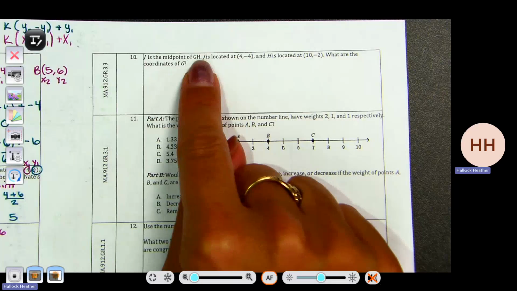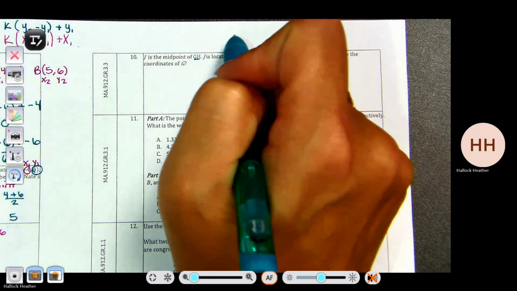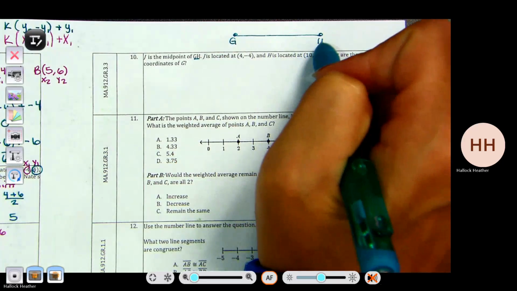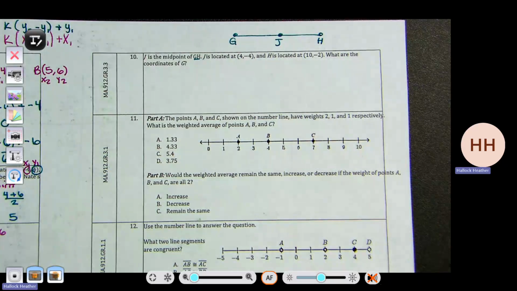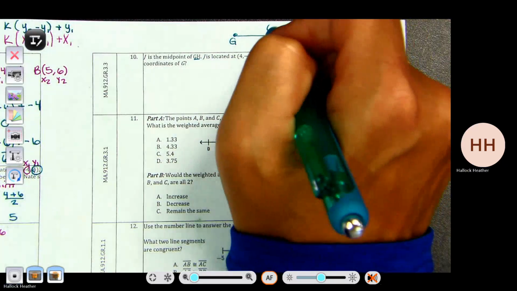For number 10, it says J is the midpoint of GH. So GH is my line. J is the midpoint, and it says J is located at 4, -4.